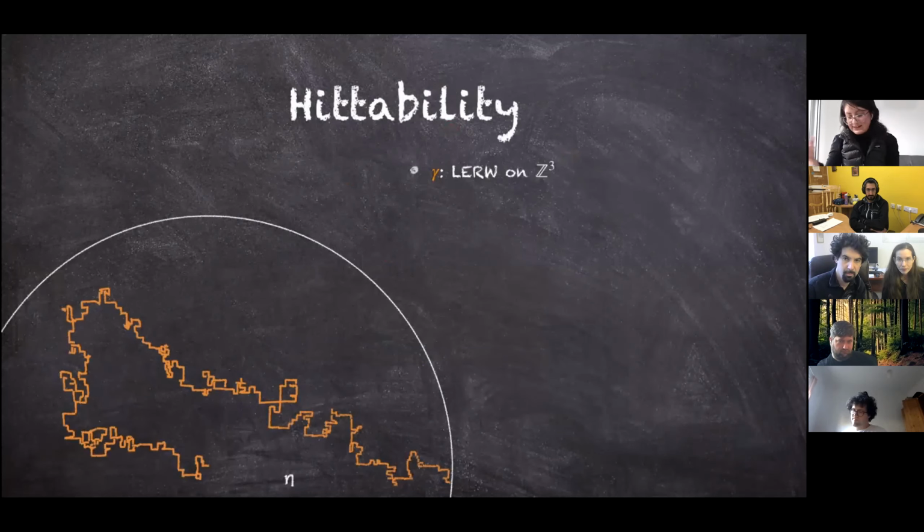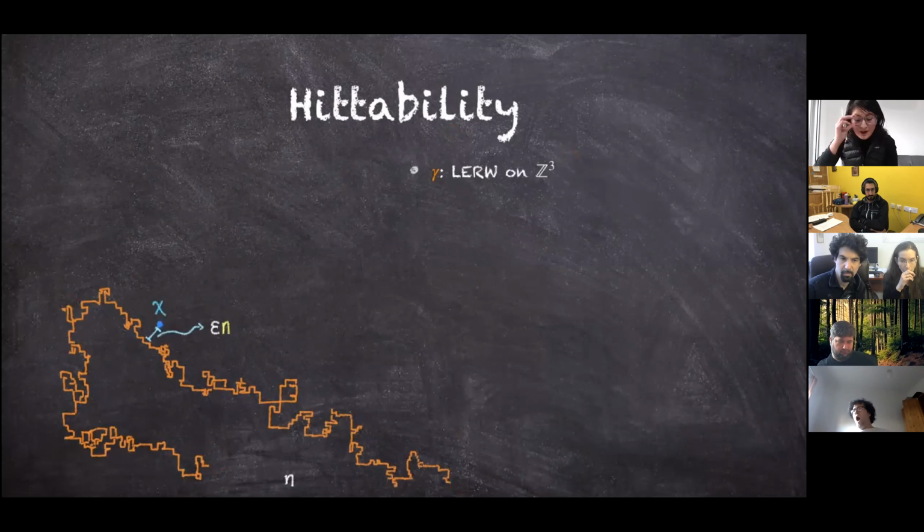So gamma is a loop-erased random walk on Z^3. So I start at the origin, and I stop when I leave a ball of radius n, and I obtain a path that will look like this. And now I will pick some vertex x that is epsilon n away from my orange path. So this would be any point x at that distance.